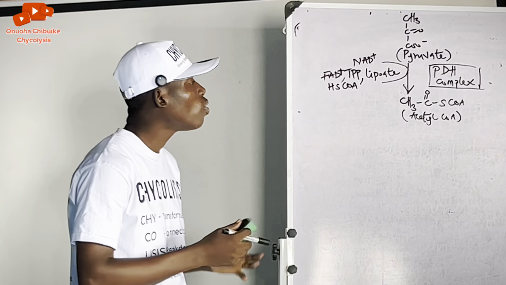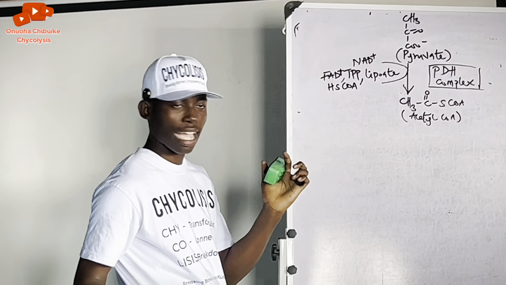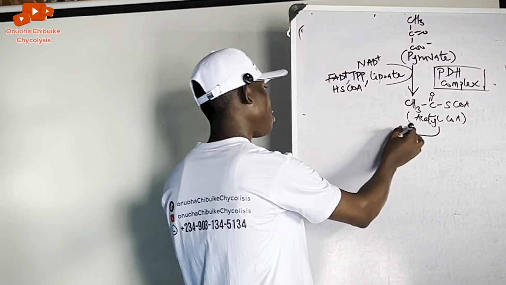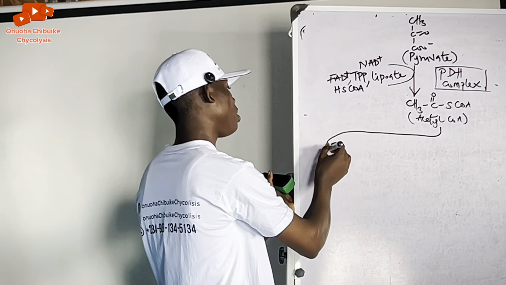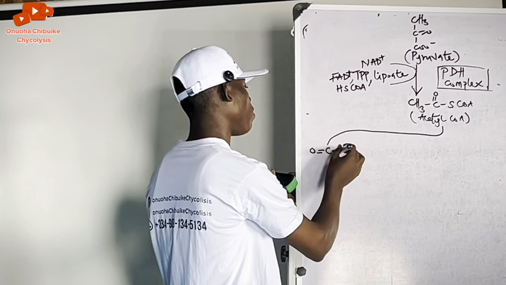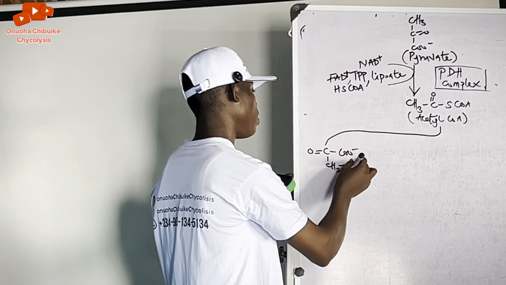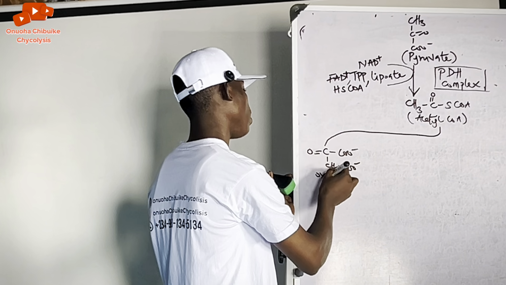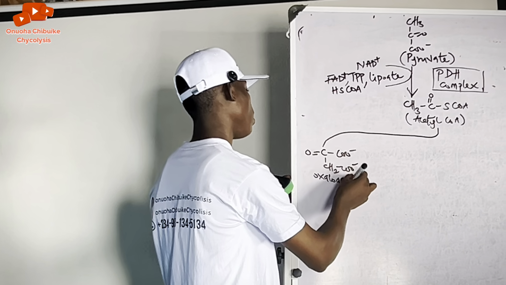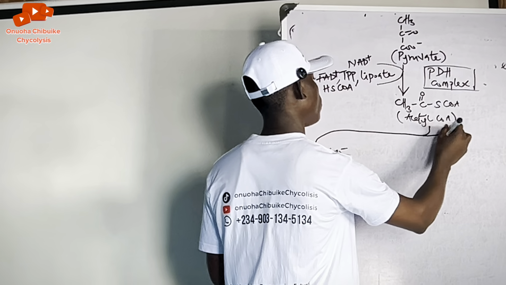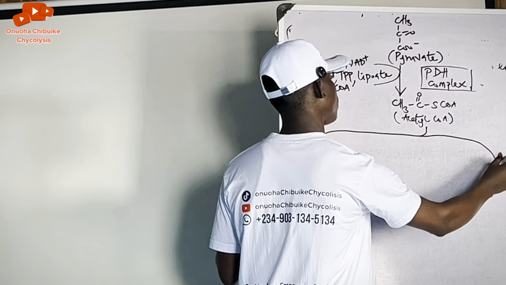And the first reaction of this cycle is that this acetyl-CoA condenses with a molecule called oxaloacetate to form citrate.